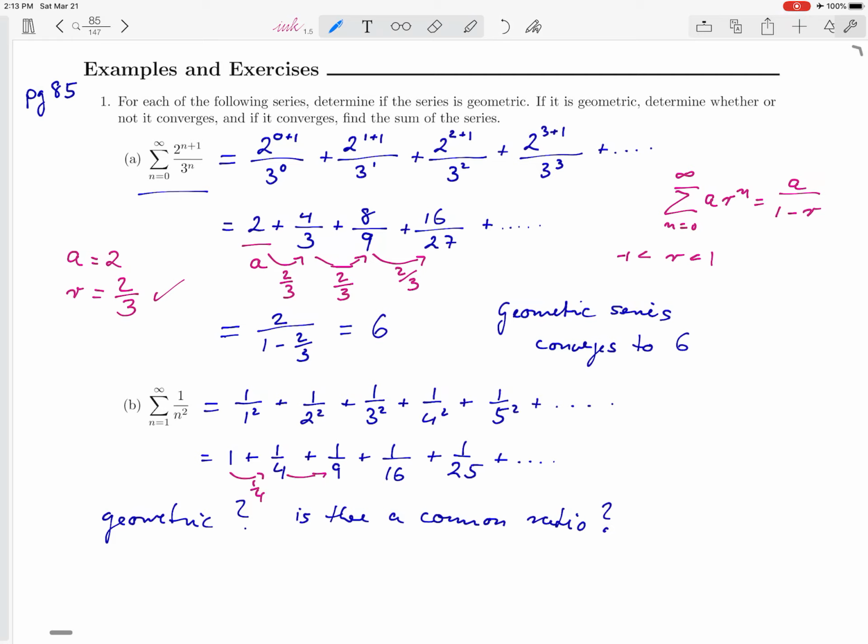But to go from 1/4 to 1/9, whatever it is, it's not 1/4. And so that already is enough to conclude that no, there is no common ratio. And so that leads us to conclude that this is not a geometric series.